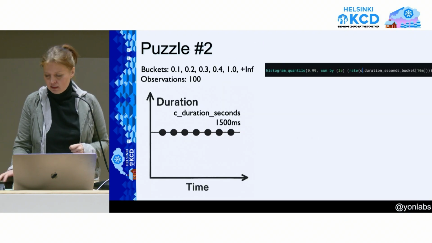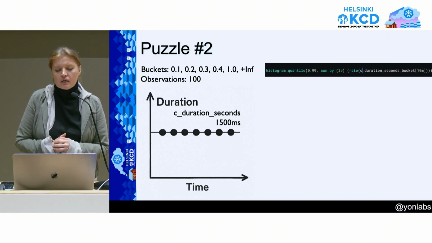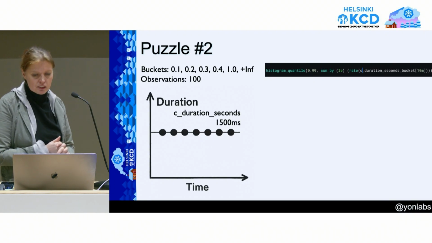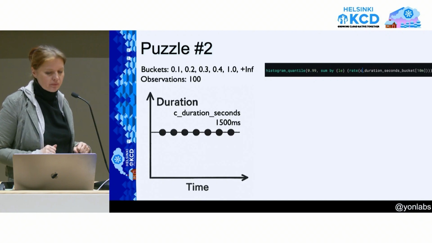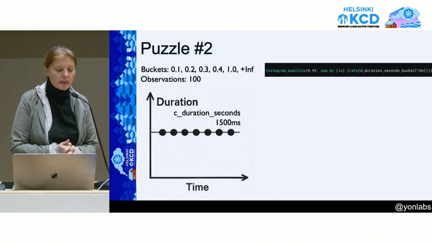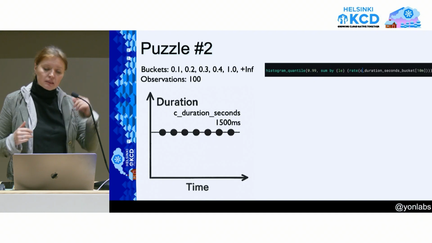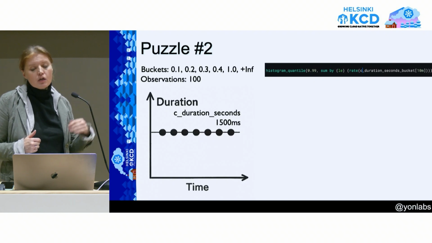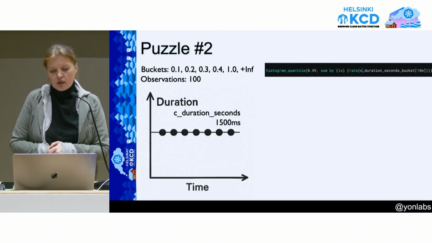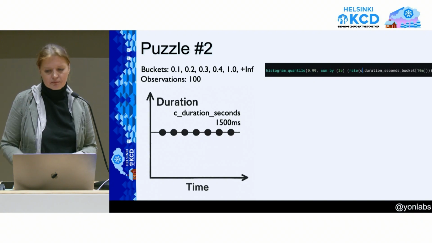Then we have a second puzzle. The second puzzle is very similar. So basically, again, we use a histogram with those 6 buckets, 100 observations, and this time also constant observation, but the actual duration is 1,500 milliseconds, so it falls into the highest plus inf bucket.